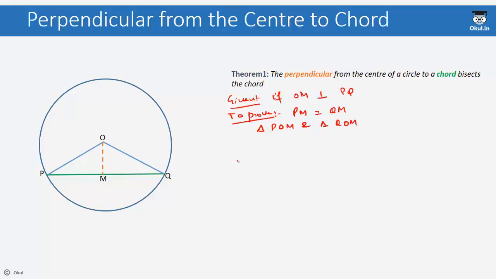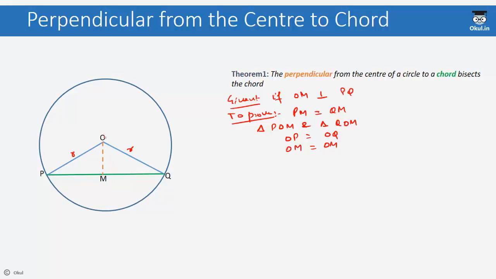We see that OP and OQ are the radius of the circle, so OP is equal to OQ. Now OM is the common side of both of these triangles, so OM is equal to OM.